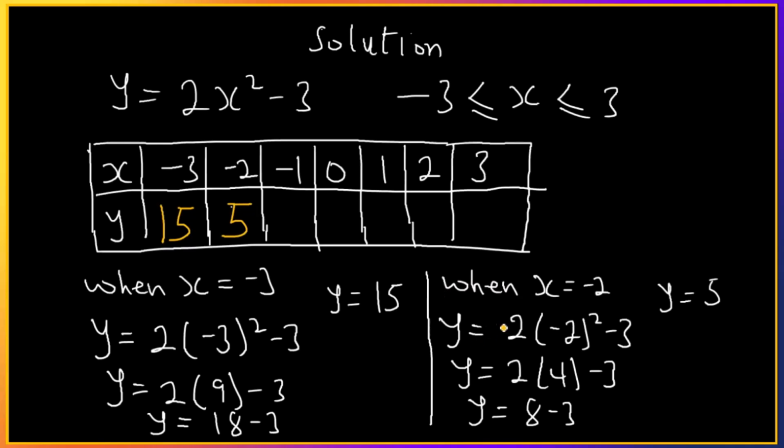Okay, so after doing 2 or 3, you can move on by substituting the other values of x inside, and then you complete the table.